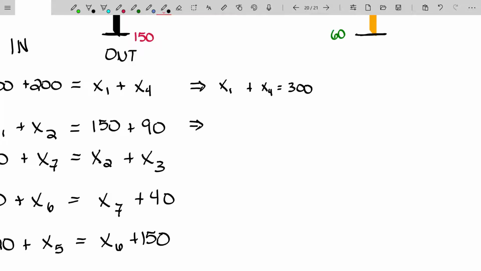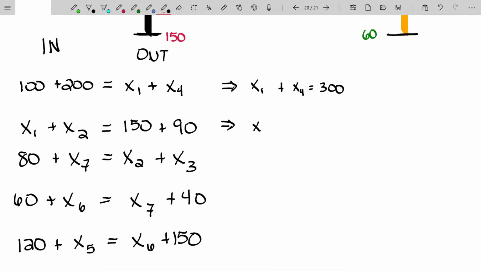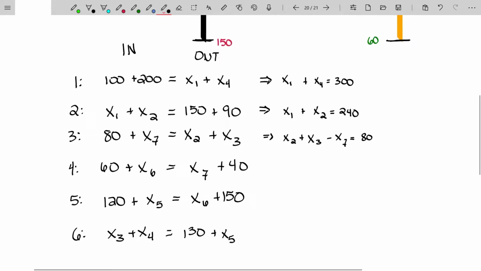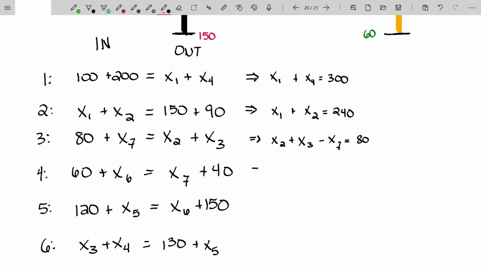And the next equation, again, x1 plus x2 is equal to 240. The next equation, we get x2 plus x3 minus x7 is equal to 80. The next one, we will get, let's see, maybe I'll keep x6 positive. x6 minus x7 is equal to negative 20.